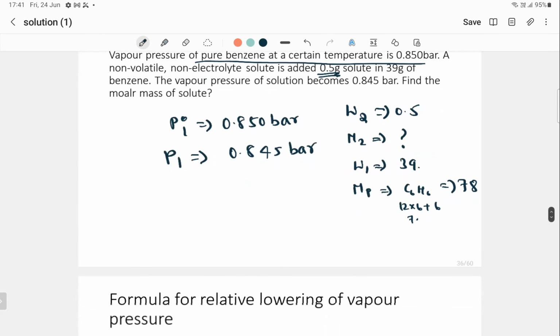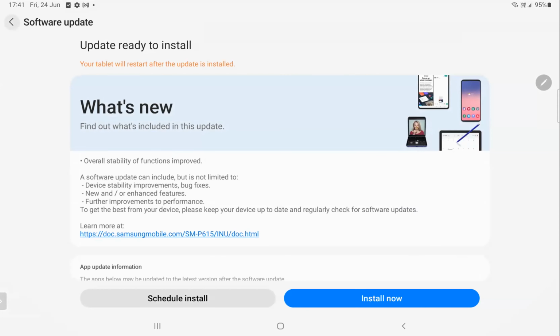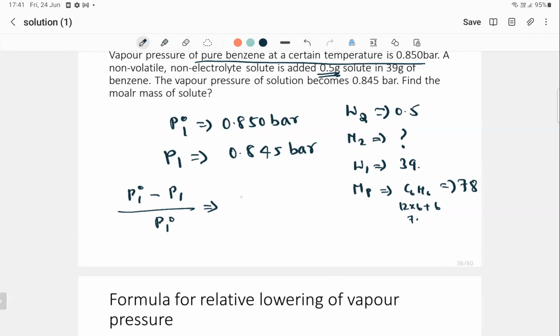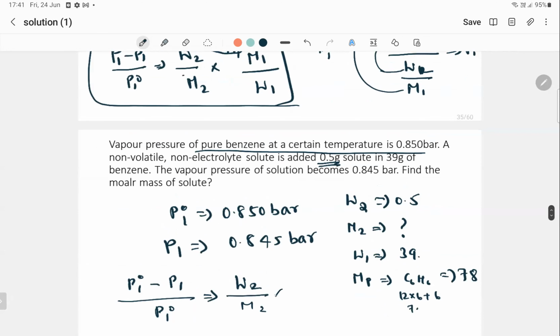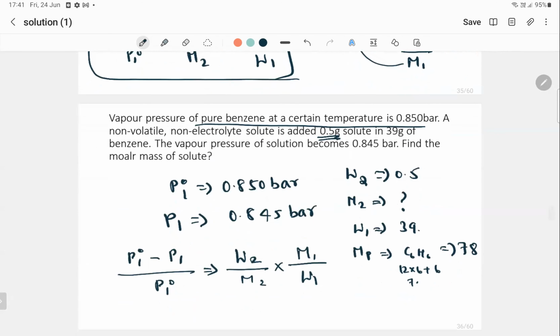So from the formula, (P1 naught minus P1) divided by P1 naught is equal to the given mass of the solute into molar mass of the solvent, divided by the molar mass of the solute into the given mass of the solvent.